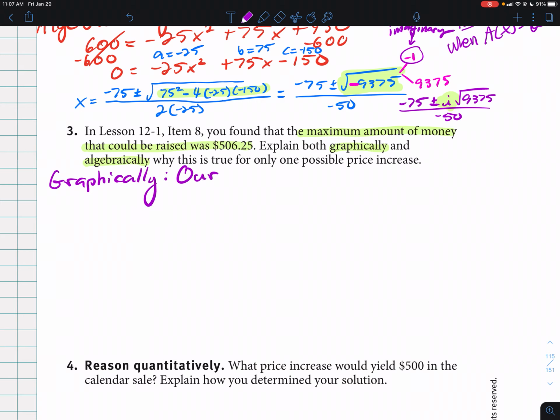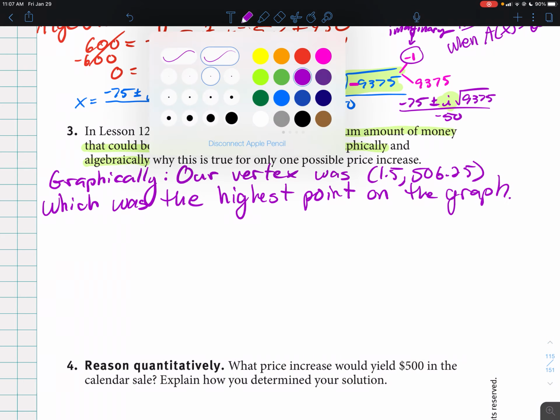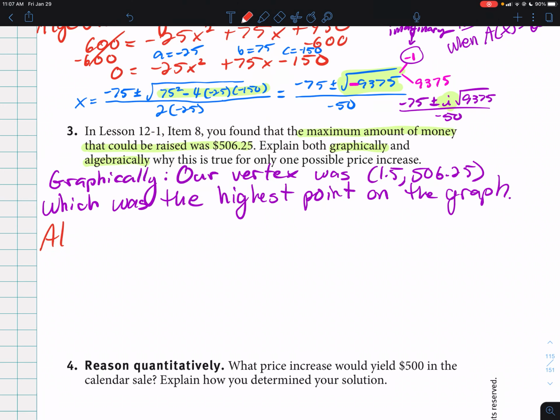Our vertex was 1.5, 506.25, which was the highest point on the graph. Okay, and then algebraically, again, this 506 is A of x. It's our earnings.